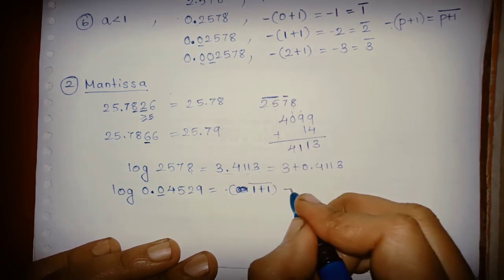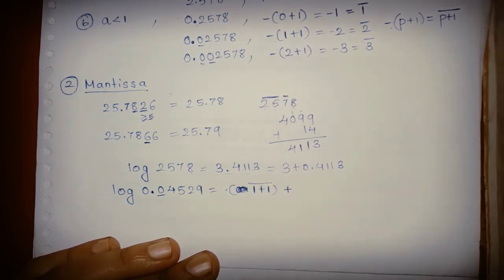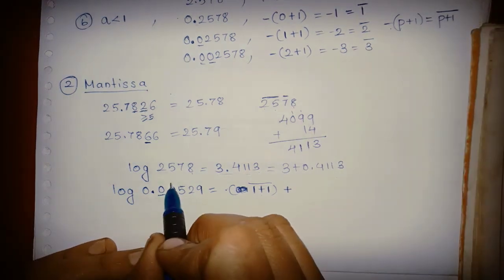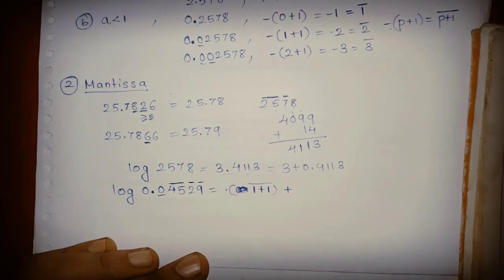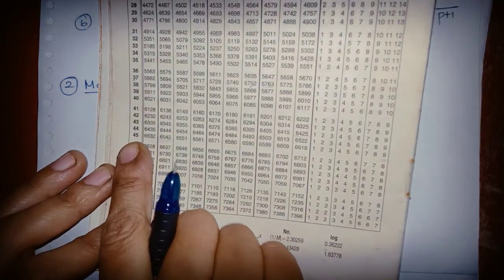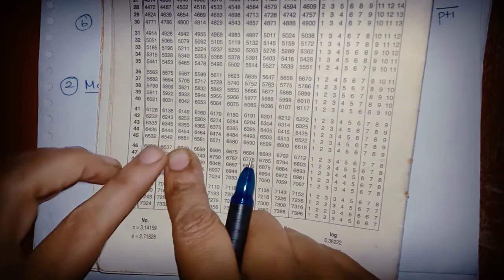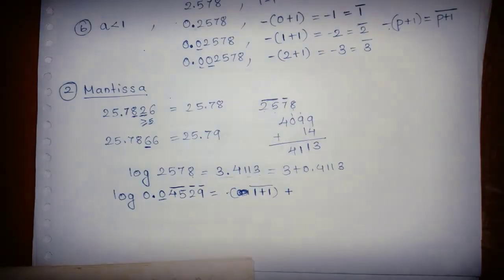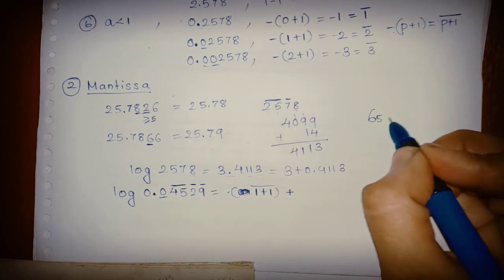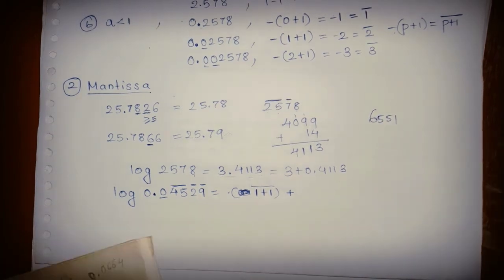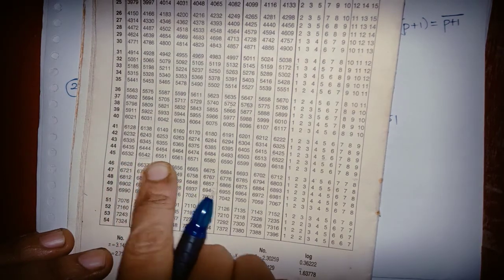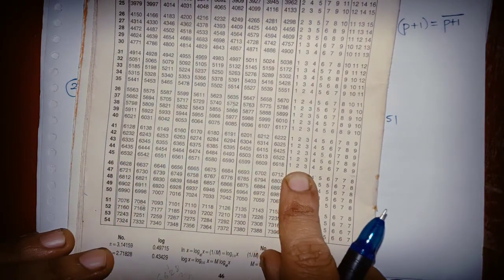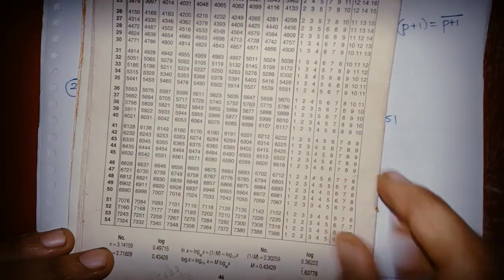Then for the mantissa you have to find 45 under 2, under 9. So 45 under 2 is 6551. Then under 9, that is under mean difference, is 9.